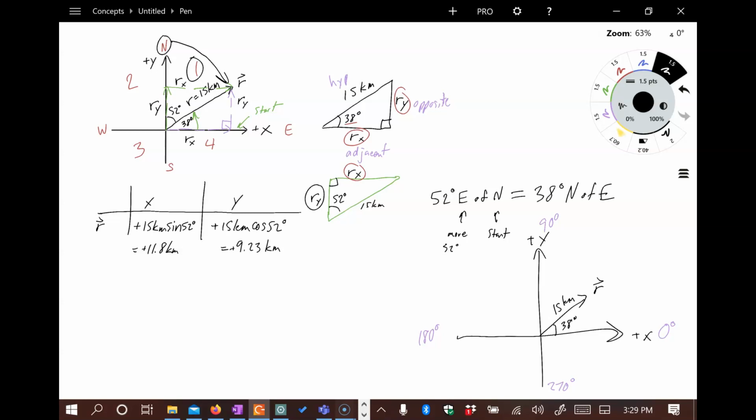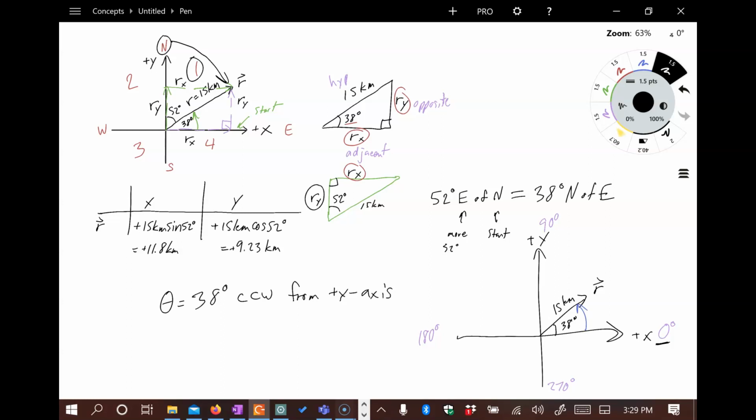Well, I can also specify this as a positive angle starting from the positive x direction at 0 and moving counterclockwise, so like this. In this case, we also say that this same direction is equal to theta equals 38 degrees counterclockwise from the plus x axis.